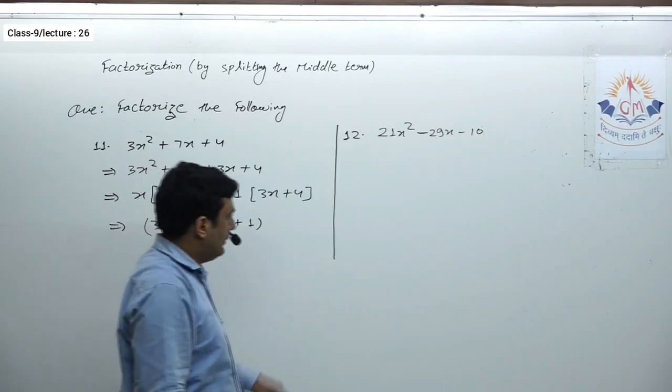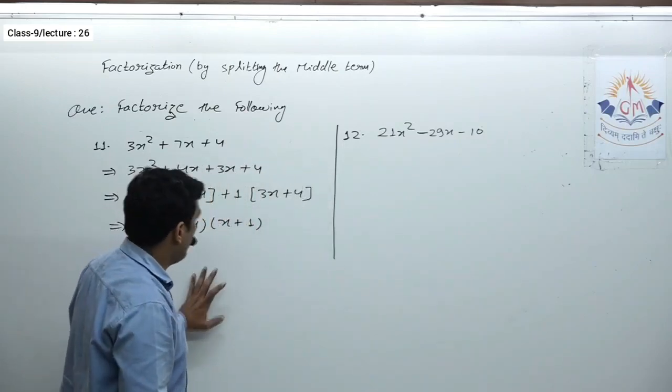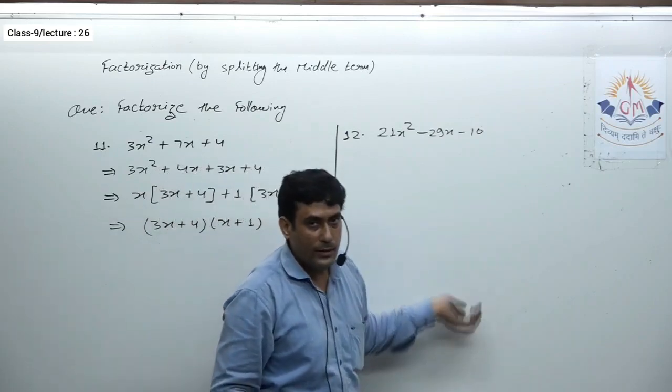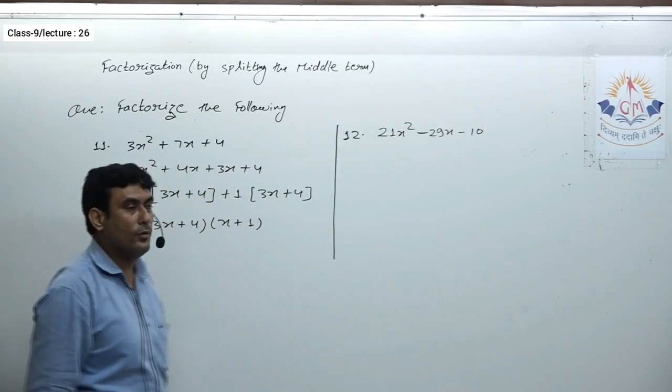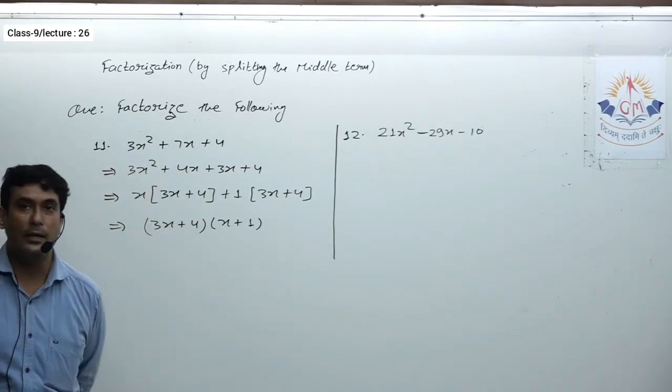In this question I will give you some time, because I have solved so many questions for you. I want you to try it on your own, otherwise definitely I am going to give you the solution of this question. So think for a while.